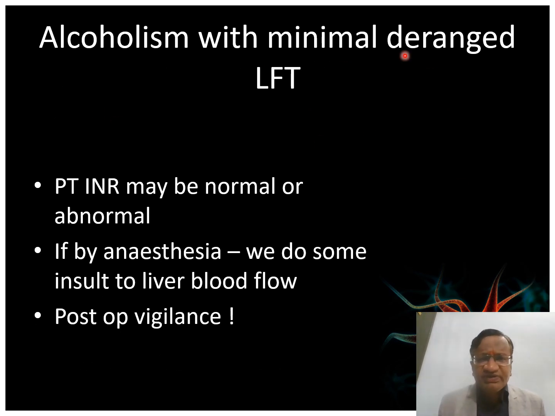In alcoholism with minimally deranged LFT, PT-INR may be normal. But in liver disease with alcoholism, where there is not much derangement of LFT, your prothrombin time may be normal, unless we do some insult during the operation. Post-operatively, we can see some increased INR in patients with minimally deranged LFT, because we may cause some insult to the liver blood flow.